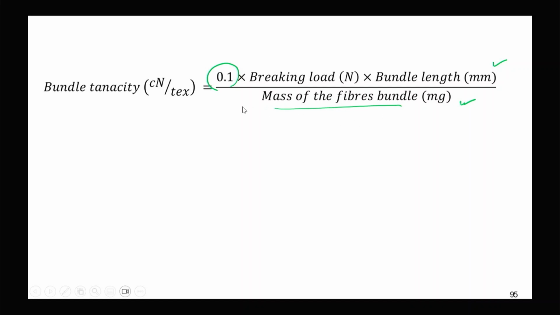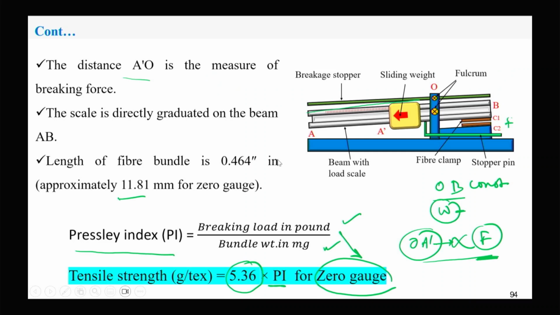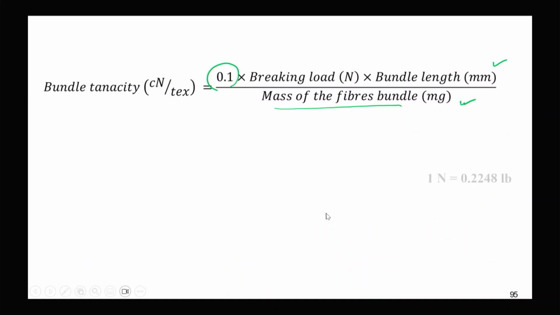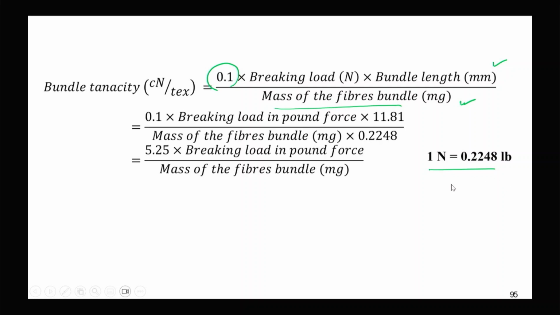That is the relationship. It's centinewton per tex, and here it's given in pound. Okay, so we are converting it to Newton and pound. Relationship is 0.1 Newton equal to 0.2248 pound.